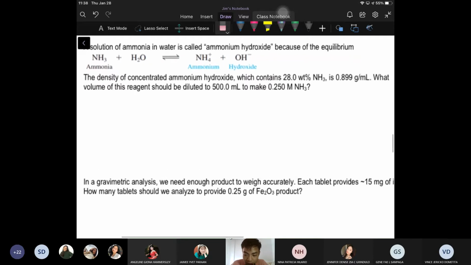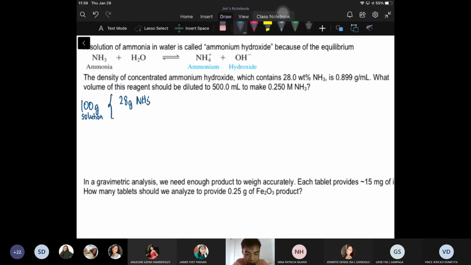So, katulad ng pinaggagawa natin kanina, let's assume 100 gram sample, solution, no? So, 100 gram solution, pangit ng bracket ko. Ito talaga hindi ko ma-perfect kahit anong mangyari. Ayan. Okay. So, let's have 100 gram solution. So, that is 28 grams ammonia.